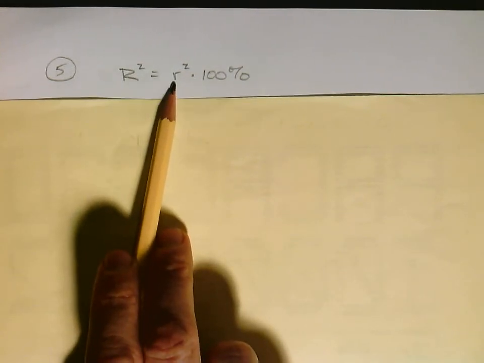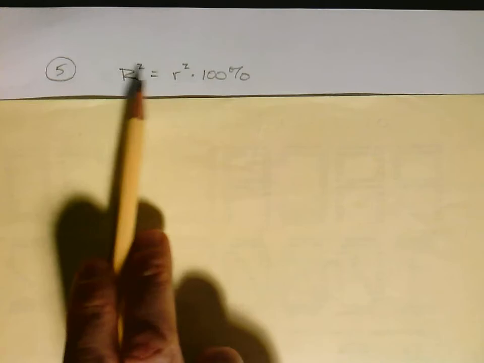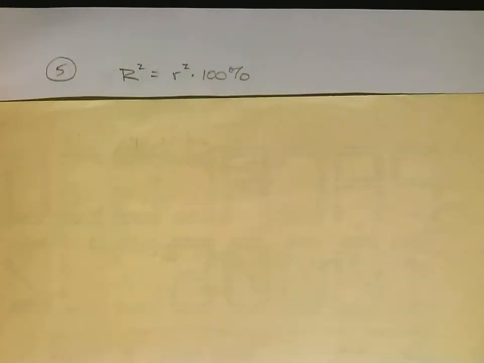If we can get little r, we can square it, multiply it by 100, and that's all we got to do. So if this was a new problem, we'd enter that data into StatCrunch and calculate the correlation coefficient. But we've already done that, and we found it to be 0.888. So we're just going to plug that right on in.